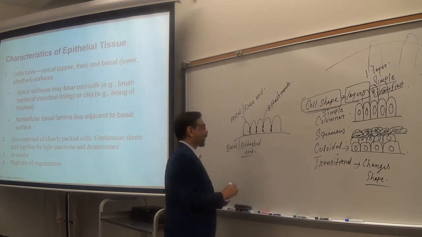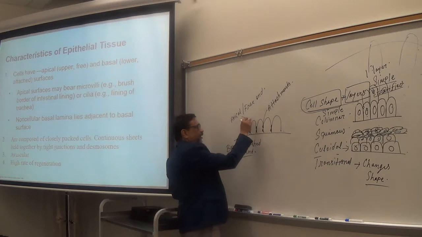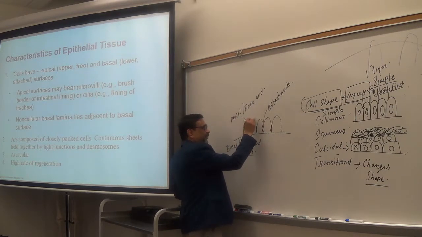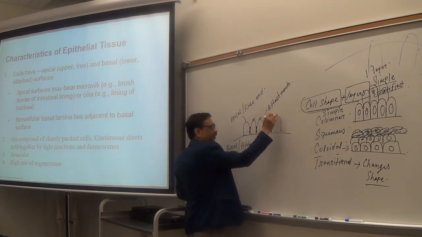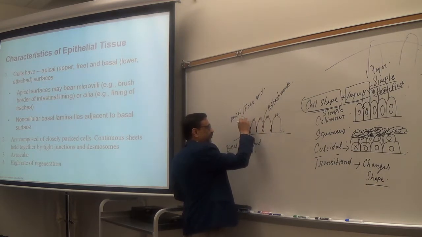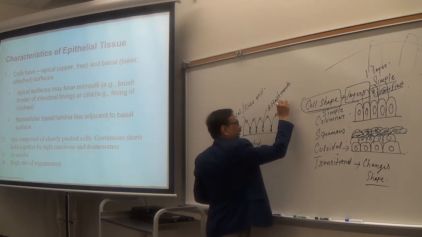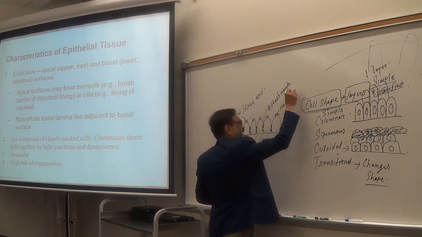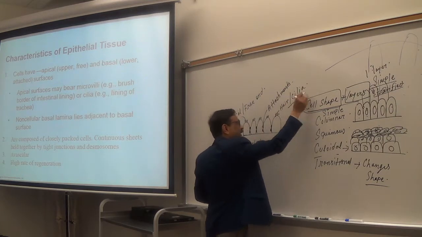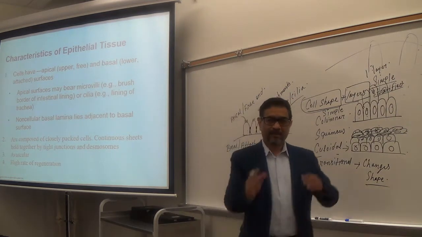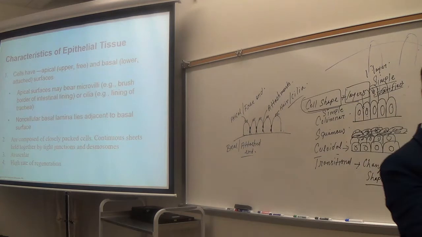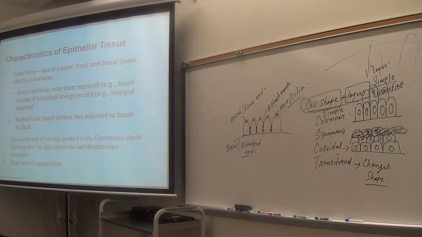Okay. In some epithelial cells, at the apical end, you will see hair-like structures. Hair or cilia. Okay? Like brush border. Not all, but sometimes we'll see that.